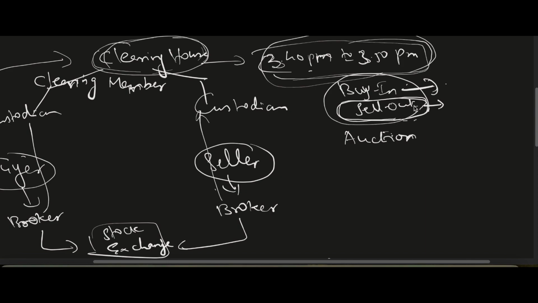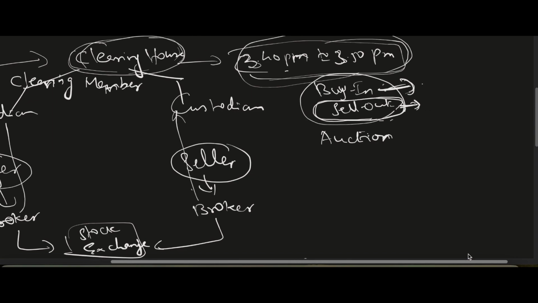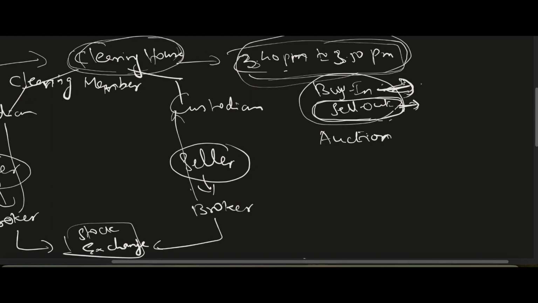When they are doing these transactions, the price will vary from the initial price that was booked. Say for example, the buyer initially booked to buy shares at 1,000, but right now it is 1,001. That means the clearing house is paying an extra one, so this is a kind of loss for the clearing house.